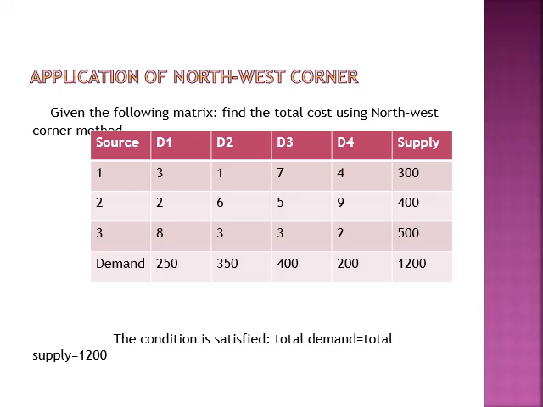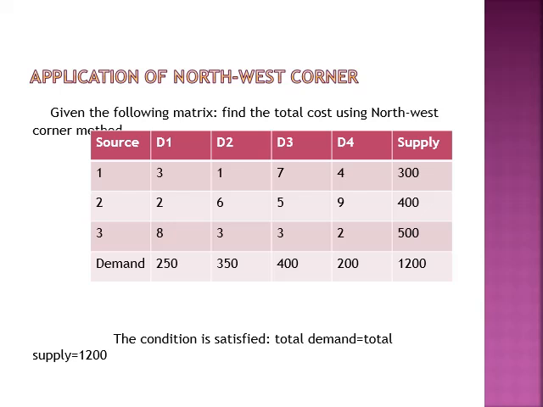Market center D2 demands 350. And source 1 has 50 units remaining from 300. We can satisfy the market center with the remaining 50 units.